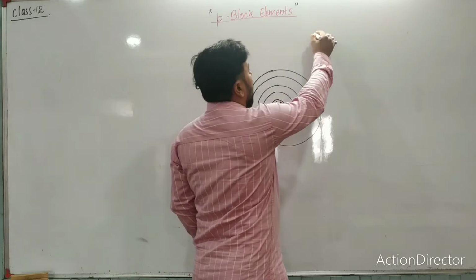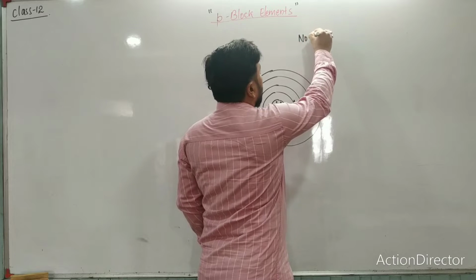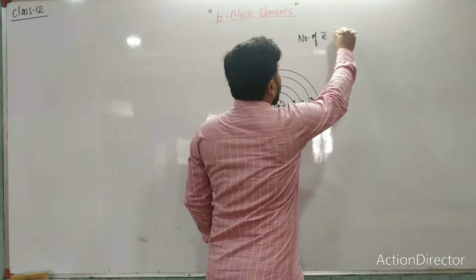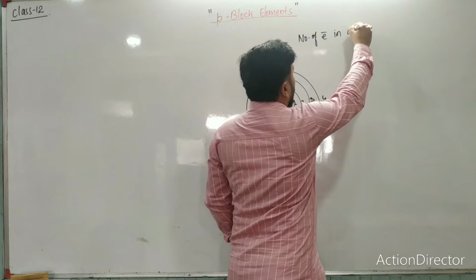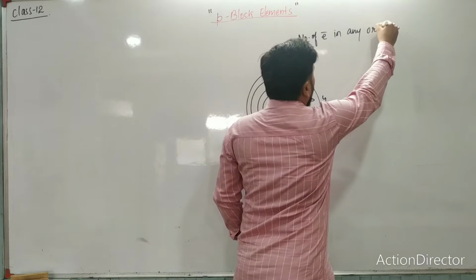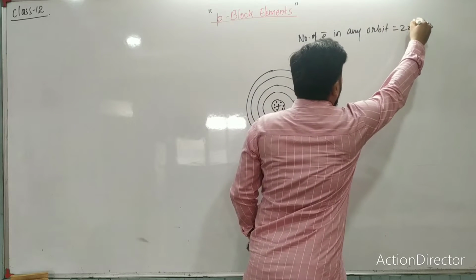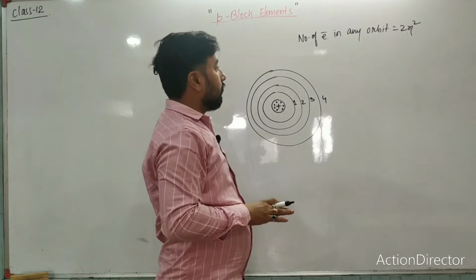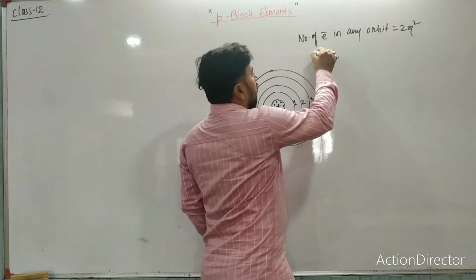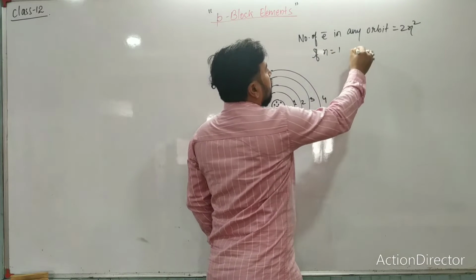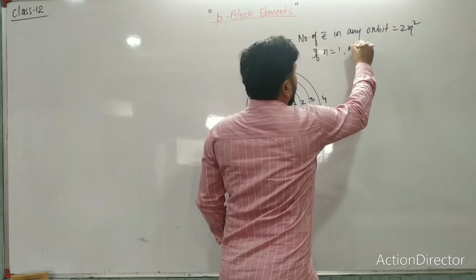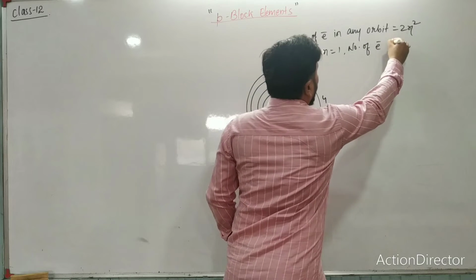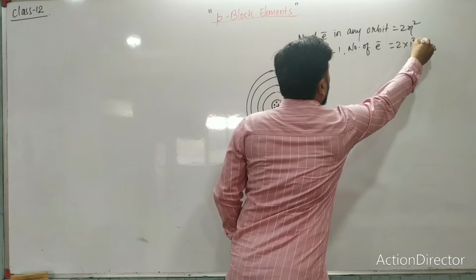So we know very well the number of electrons in any orbit is equal to 2n square. This was given by Niels Bohr, which you have studied in standard 9. So if I talk about in the first orbit, then the number of electrons is equal to 2 into 1 square, that is equal to 2.